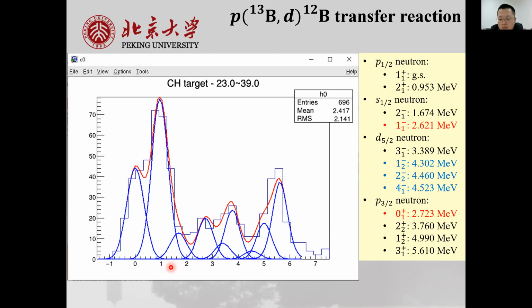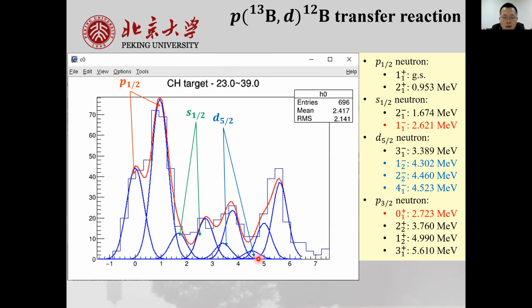These two pictures, the ground state and the first excited state, are formed by p wave neutron transfer, and these two are from s wave neutron transfer. For d wave neutron transfer there should be 4 peaks, but we didn't see them. Our resolution is not enough to distinguish them. So we treat these 3 peaks as 1 peak and give the sum of the spectroscopic factors.